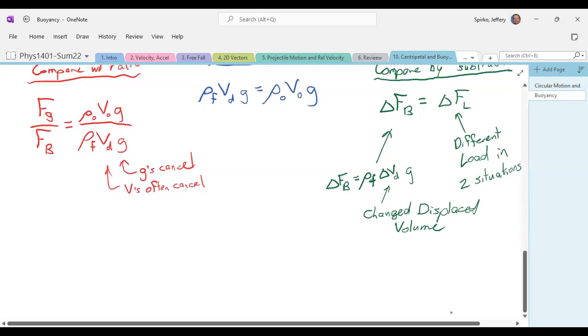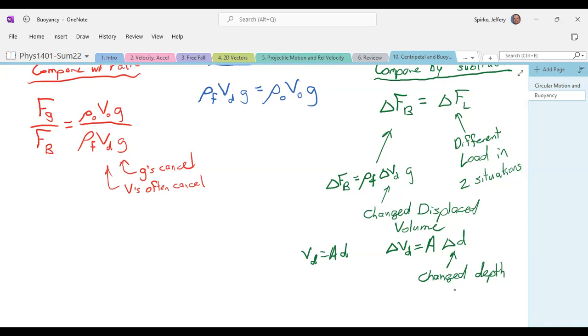And then we could relate the delta V displaced, since V displaced is some area times depth, delta V displaced is some area times delta depth. So the changed load causes a change in the displaced volume, which causes a change in how deep the bottom of the boat is. And maybe the bottom of the boat hits, or maybe it's still floating overall.